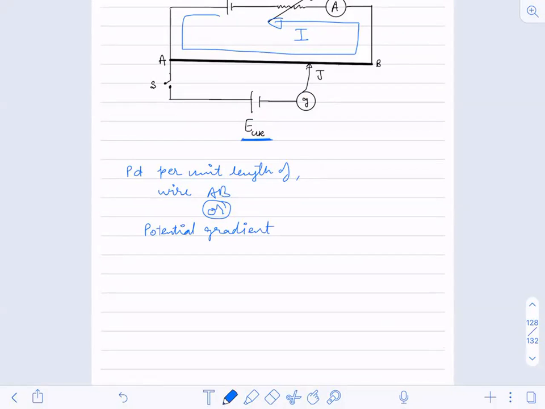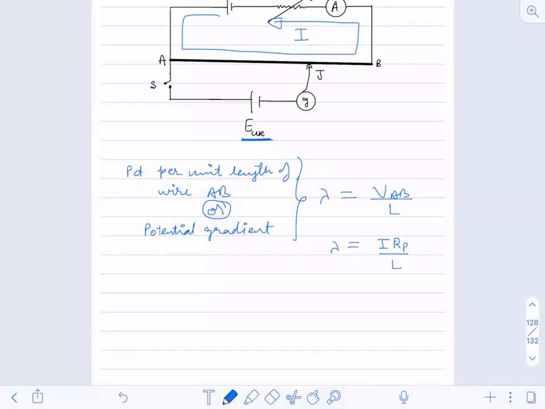So lambda is equal to VAB divided by the length of the wire AB, L, suppose. Now what is VAB? VAB is I into RP, divided by L, and this is lambda.